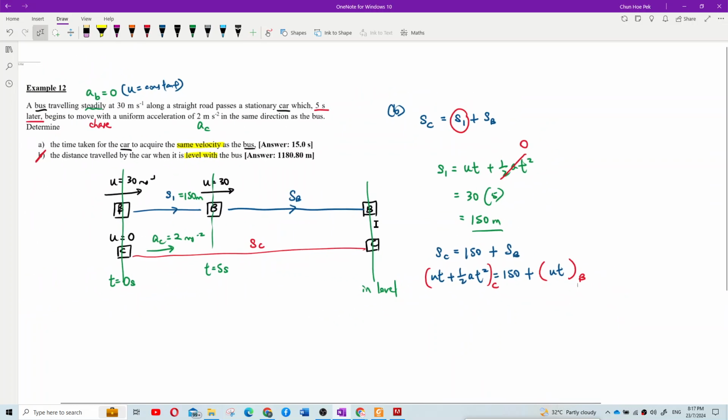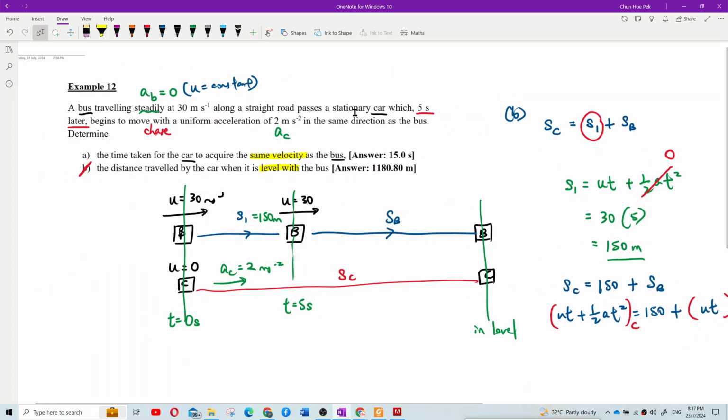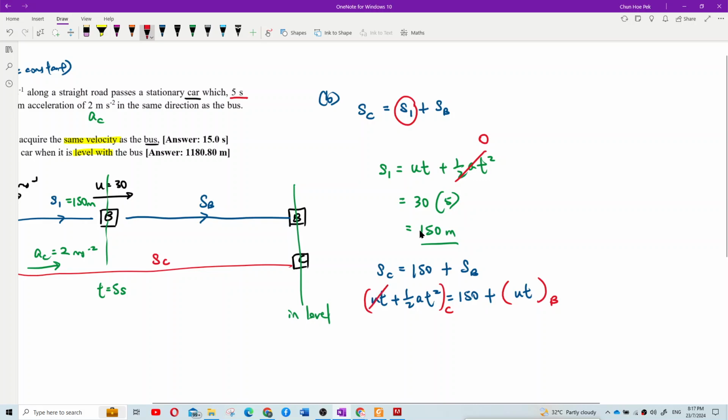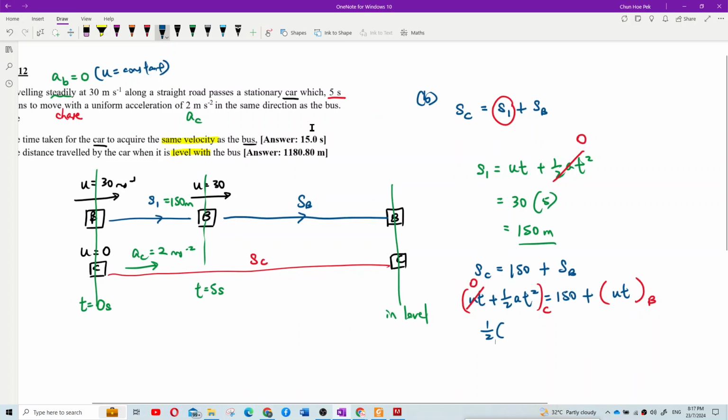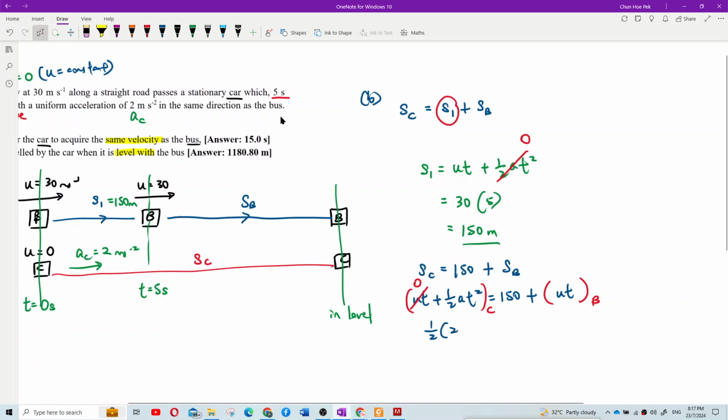Now, the car's initial velocity is stationary. The car at first has u equal to zero, so we can put u as zero. Understand? Because it does not move at first. Okay, half, what is its acceleration? Its acceleration is 2. And then find the time when they meet up.